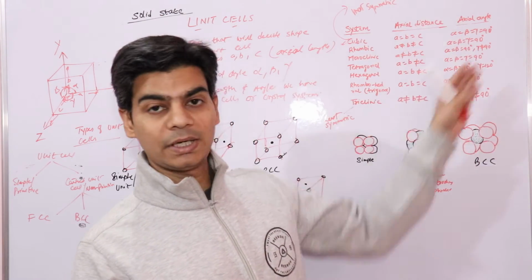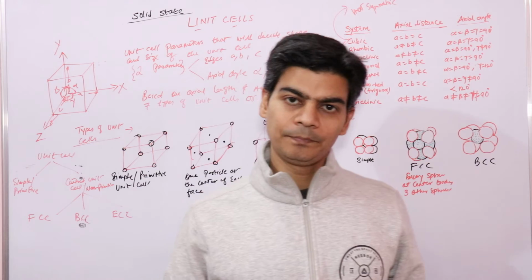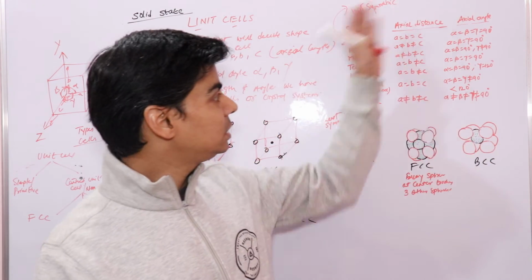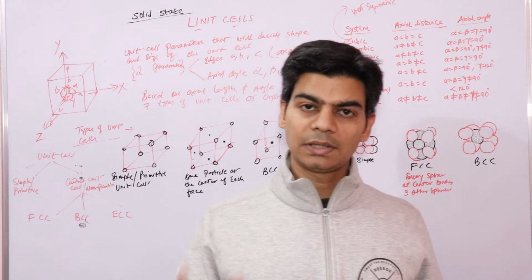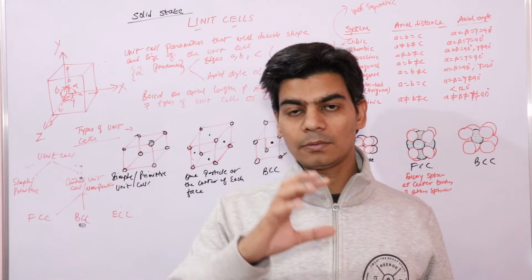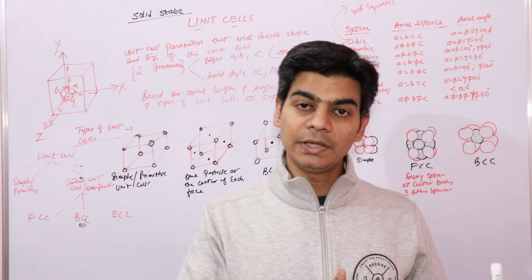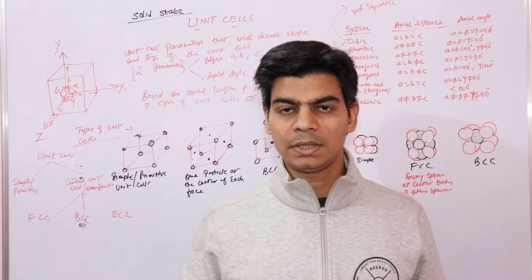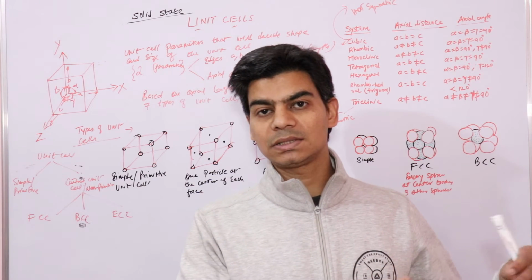Depending on all these geometrical shapes of unit cells, Bravais said that, considering all these geometries, based on all his geometrical considerations, there are 14 different ways in which the particles in the crystal lattices can be arranged, right. 14 different ways in which particles in crystal lattices can be arranged.